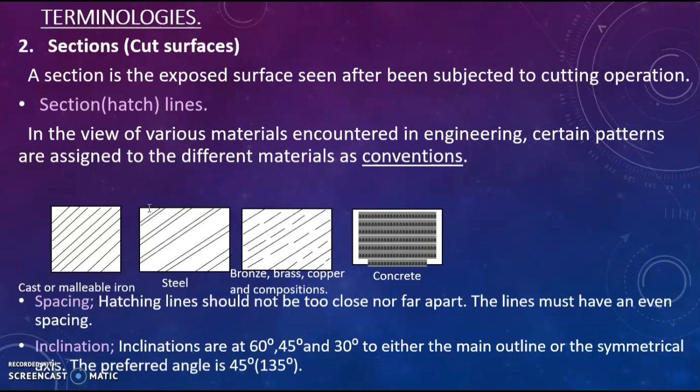For this reason, they are given conventions so that we can identify them easily. Whenever a diagram or figure is given, how would you know what it is made of? Is it an alloy, or steel, or what? So we've given conventions to these materials so that it will be easier for us to identify them.